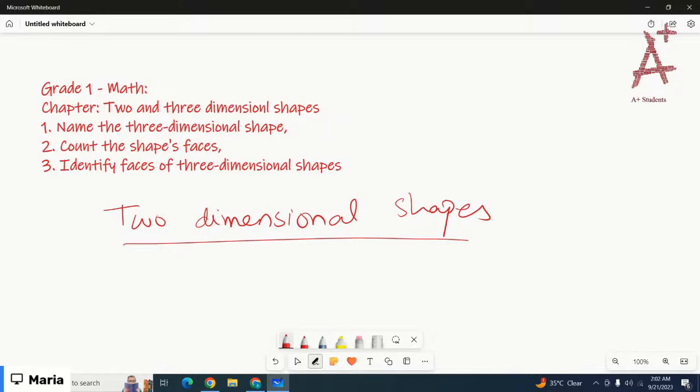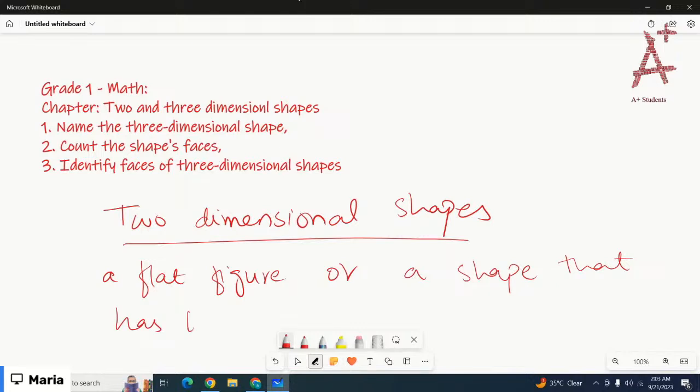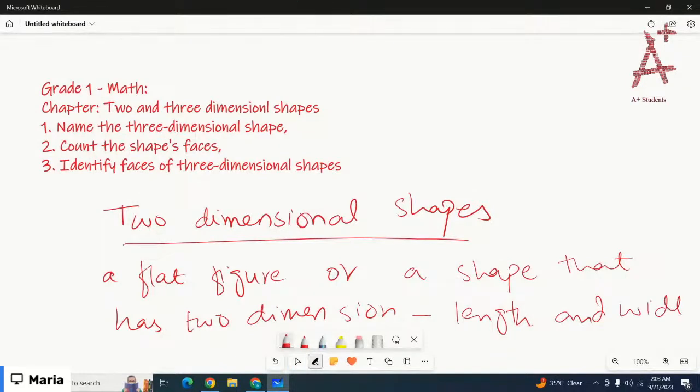You can just note down the definition: a flat figure or a shape that has two dimensions. Which two dimensions? Length and width. A shape that has length and width is the two-dimensional shape, right?